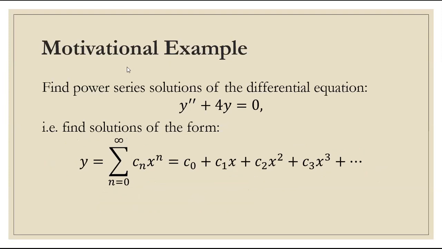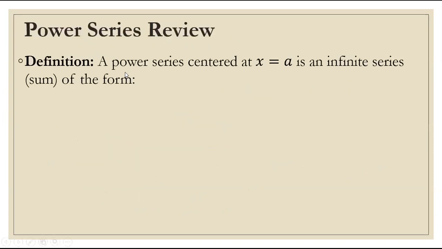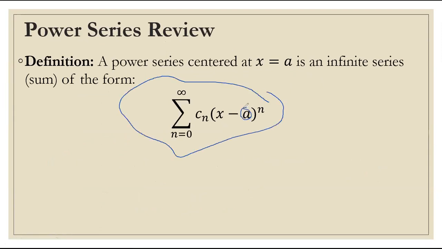Before we start solving some differential equations, let me do some revision about the power series. I think the power series centered at x equals a is an infinite series, or summation, in the following form. The general form for the power series at center a is given by this formula, from n equals 0 to infinity.